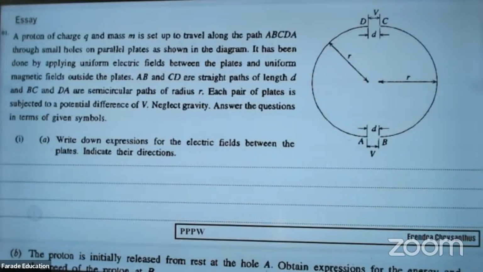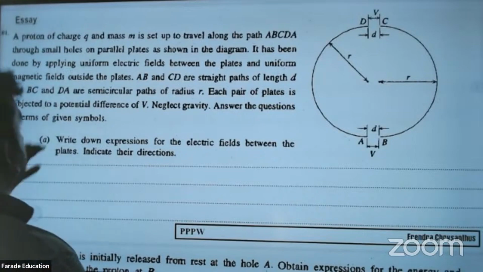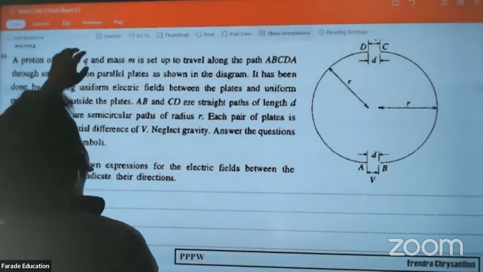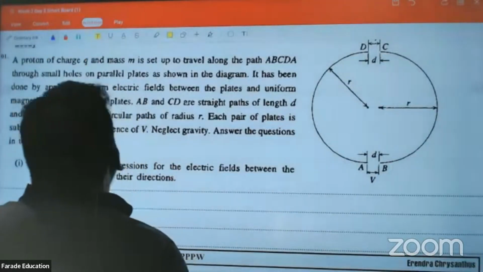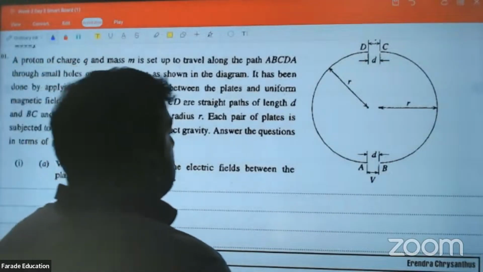Essay question number 1. This is essay 1, electric field 1. A proton of charge Q and mass M is set up to travel along the path A, B, C, D, E through small holes.